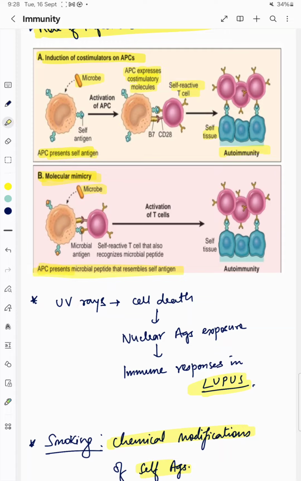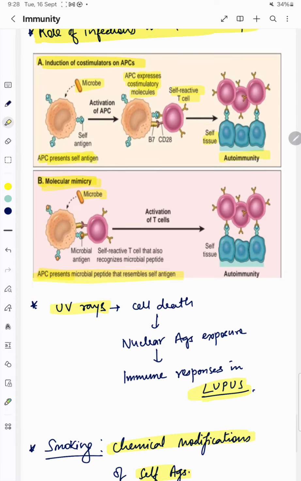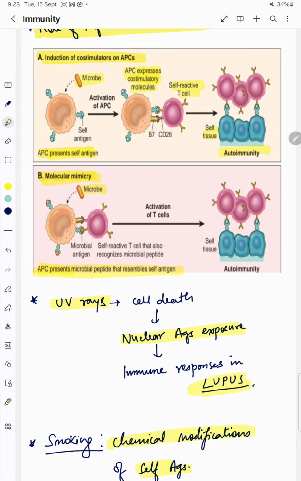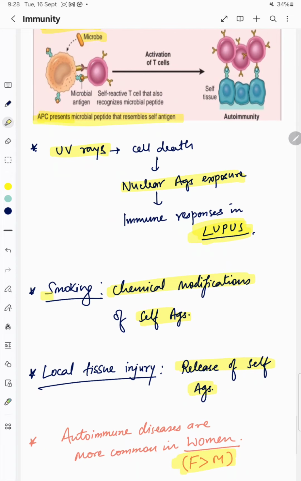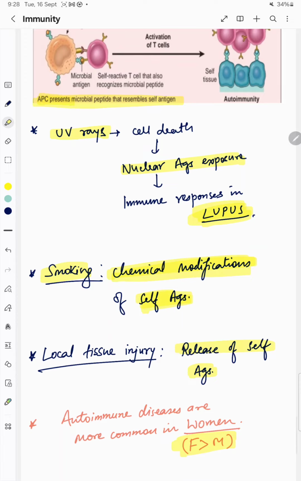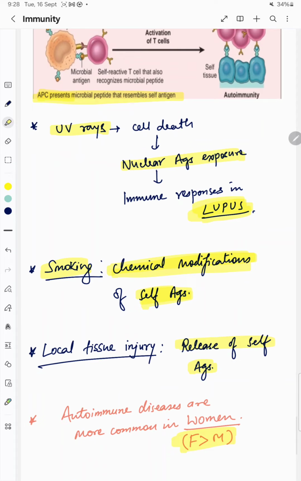There are other physical factors like UV rays, which will result in cell death. Upon cell death, nuclear antigens are released, and these nuclear antigens incite immune responses, particularly in lupus. Smoking may also result in chemical modification of self antigen and development of autoimmune diseases.